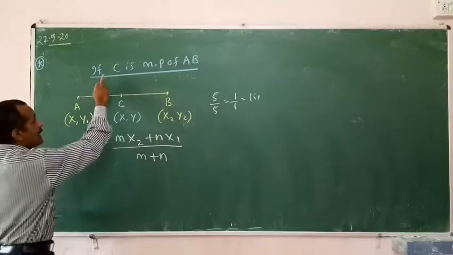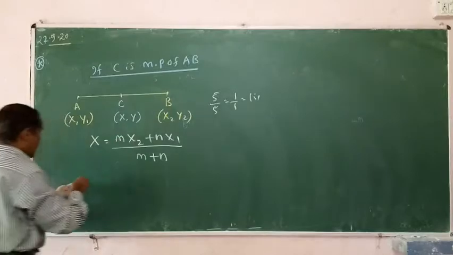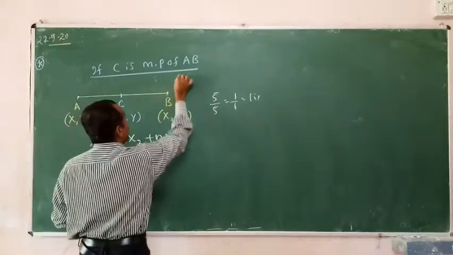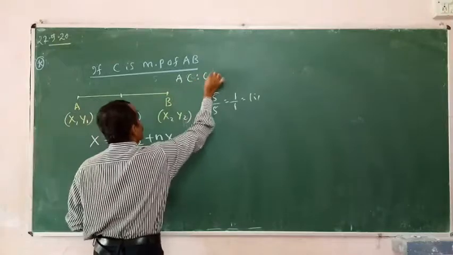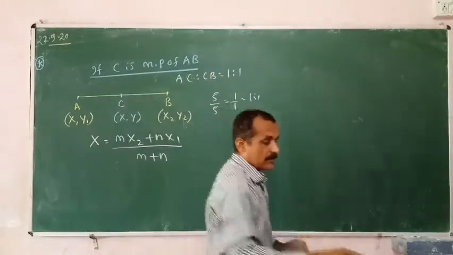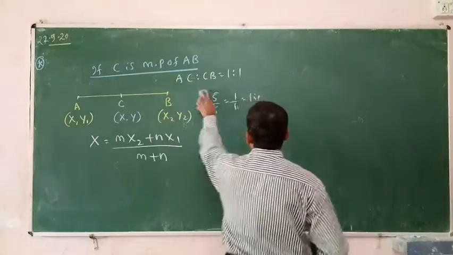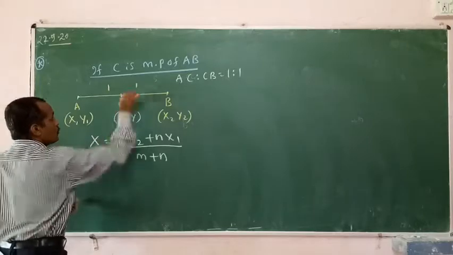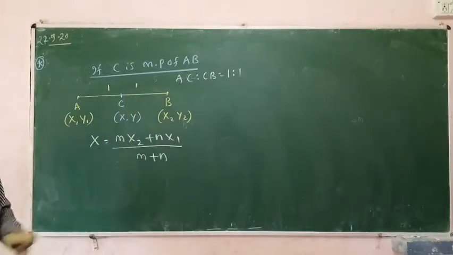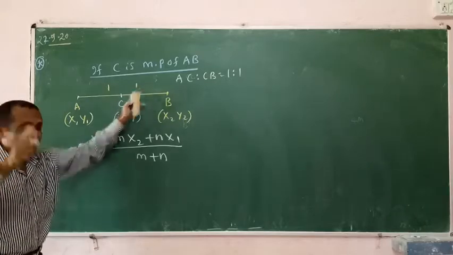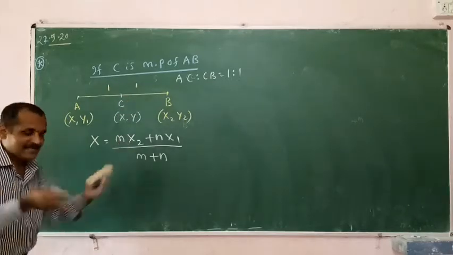So I can say, if C is the midpoint, AC is to CB is equal to 1:1. That means this ratio becomes 1:1. Then m value is 1, n value is also 1. How can this formula be simplified?